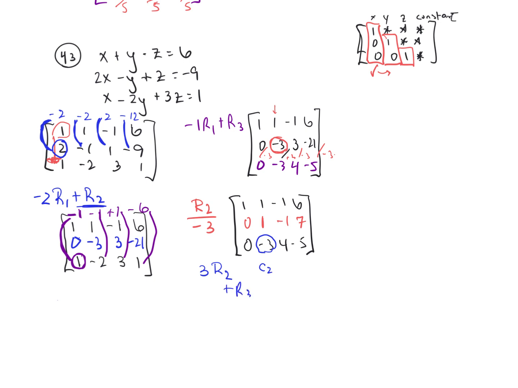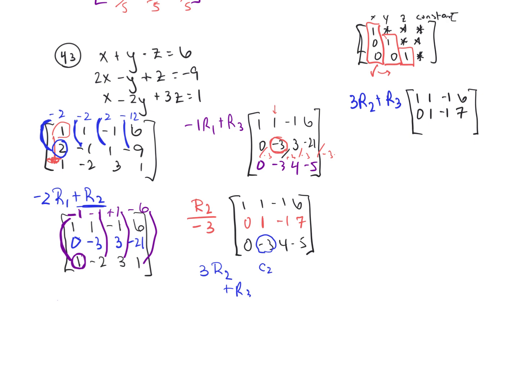So we're going to multiply positive 3 by row 2 and add it to row 3 to get that 0 that I want. Now, am I messing with row 1? Nope. 1, 1, negative 1, 6. Am I messing with row 2? I'm really not. Row 2 is not changing. I am going to multiply, but row 2 is not changing.